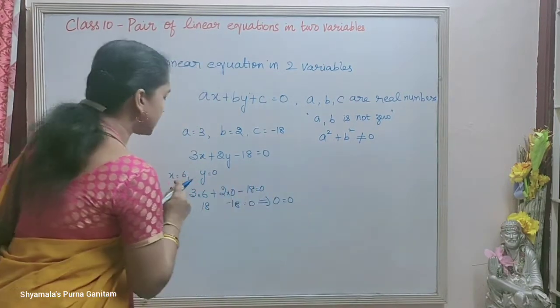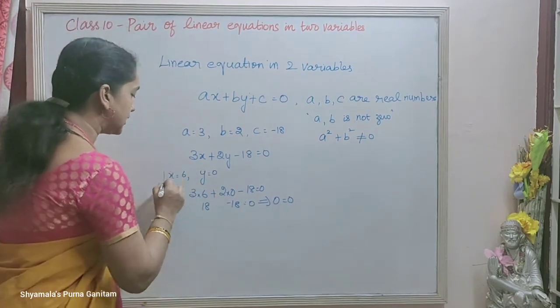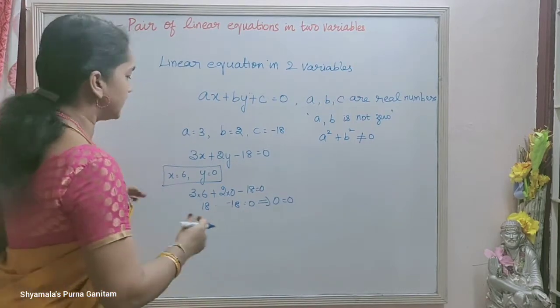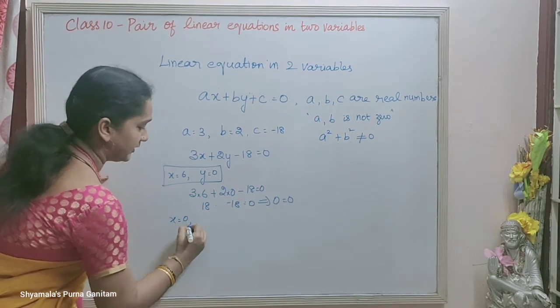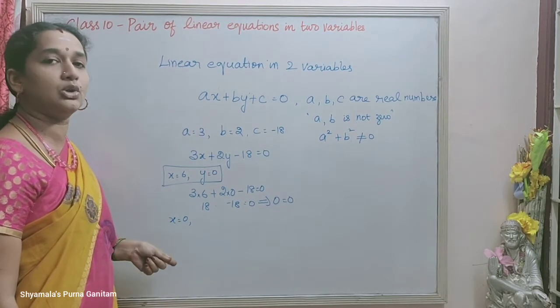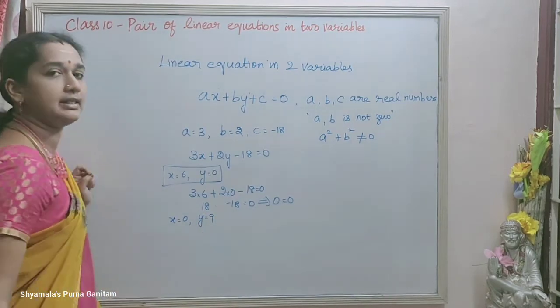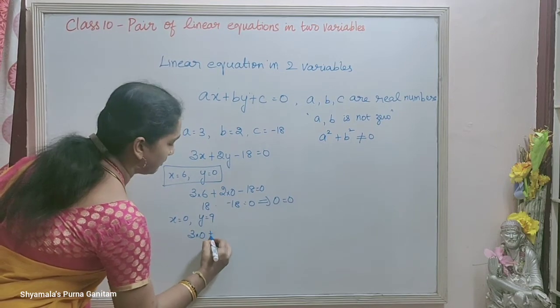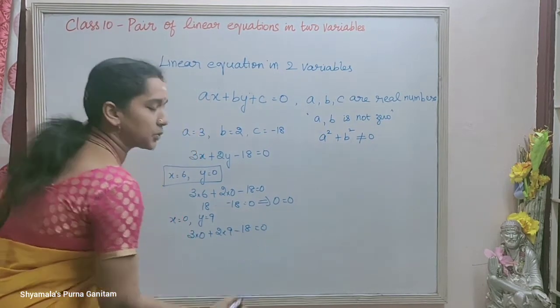That is, x is equal to 6 and y is equal to 0 is one solution of this linear equation. Then if we take another solution, substituting x value as 0 and y value as 9 in the above equation, we will get 3 into 0 plus 2 into 9 minus 18 is equal to 0.